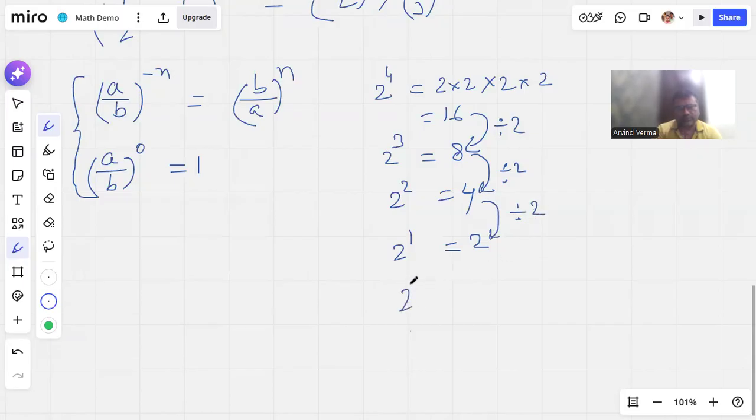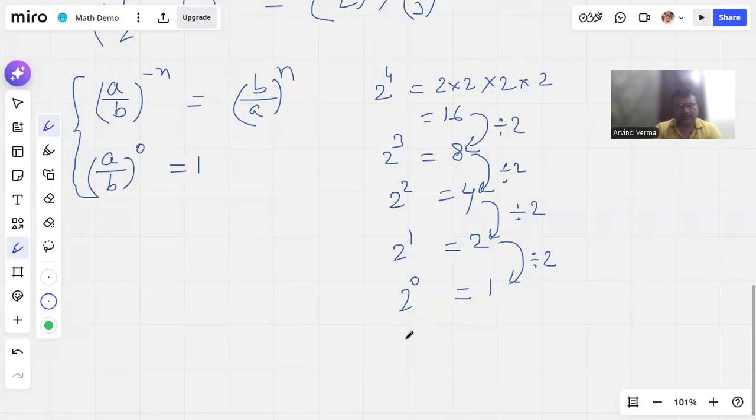So 2 raised to the power 0 will be 2 divided by 2, which is 1. So this is what a upon b raised to the power 0 is 1. That is, 2 raised to the power 0 is 1.